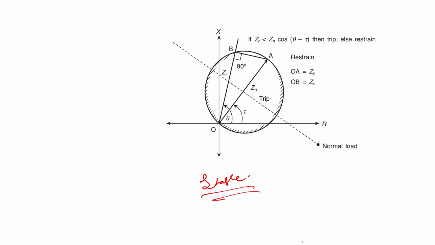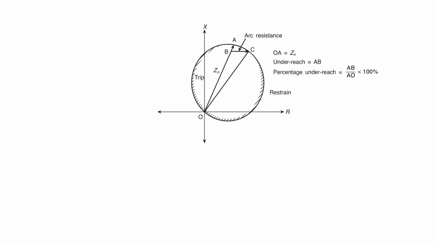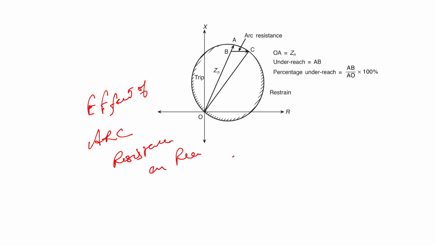And now, as we have done the analysis for the arc also, we have to consider the effect of the arc. So now we will discuss the effect of arc resistance on the reach of this Mho relay.